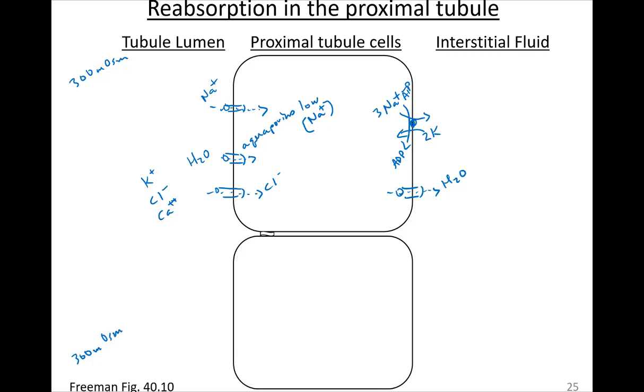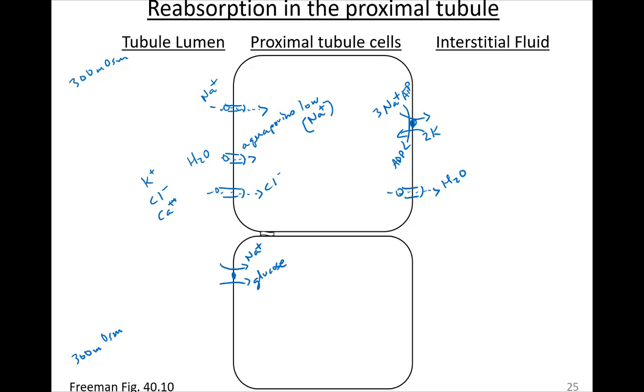There are some other important substances that are reabsorbed in the proximal tubule, and those include glucose and amino acids. Glucose is, of course, energetically valuable, can be broken down to produce ATP. And glucose can be transported by a cotransporter that transports sodium down its concentration gradient in exchange for moving glucose against its concentration gradient.